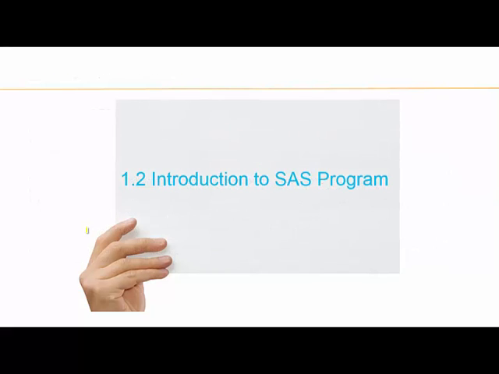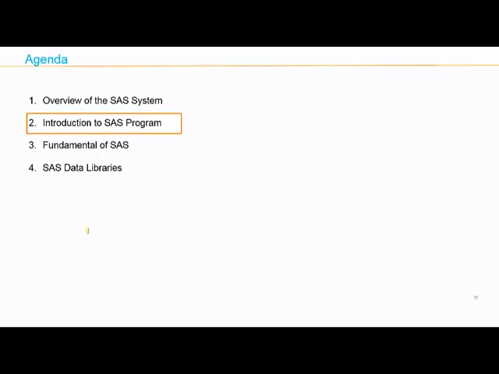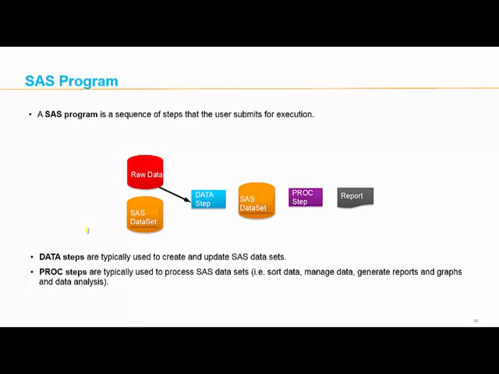Next, whatever we have seen till now is just an introduction to the SAS system. Now we are going to see about SAS programs, the basic concepts of SAS programming.